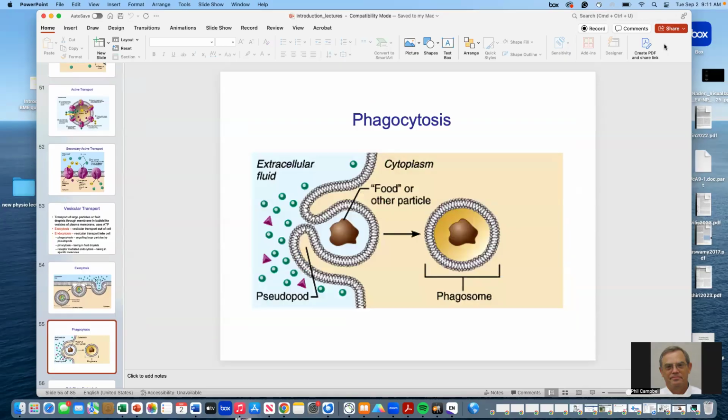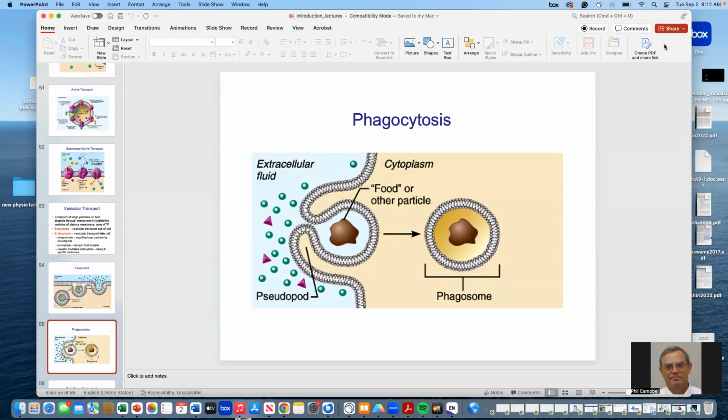Okay, so within endocytosis, here's the example with the phagocytosis. So we have an immune cell. It encounters some sort of a particle, whatever it may be. It engulfs it. That means it's surrounding this material. And then this is an internal pinching. So now we have phospholipids that were originally part of the plasma membrane. They're now in this phagosome. And then this is internalized and this can be processed.